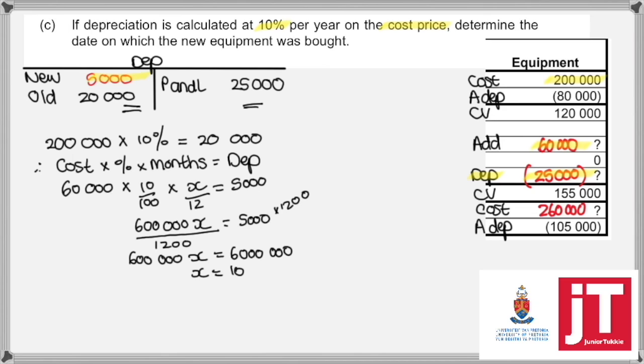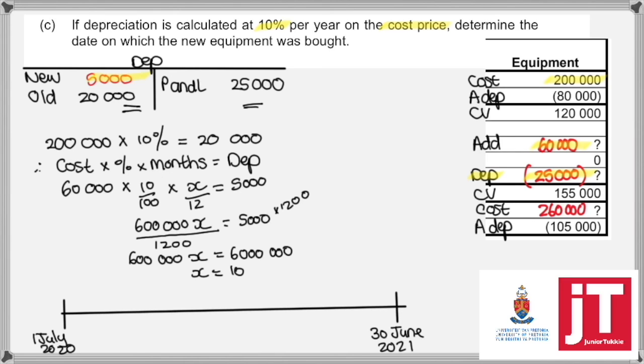So to get x alone, we're going to take 60,000 times 10. That equals 600,000 divided by 1,200. So to get the x alone, we're going to take 5,000 times 1,200. So x equals 10.